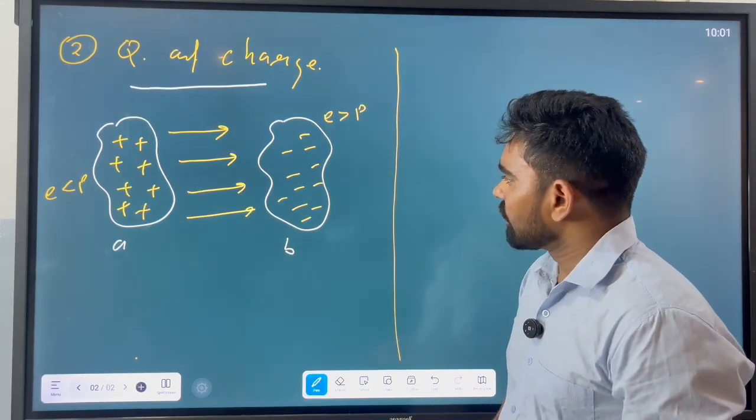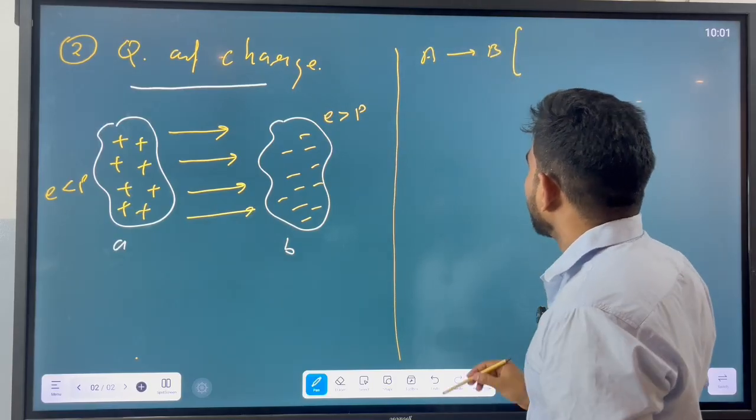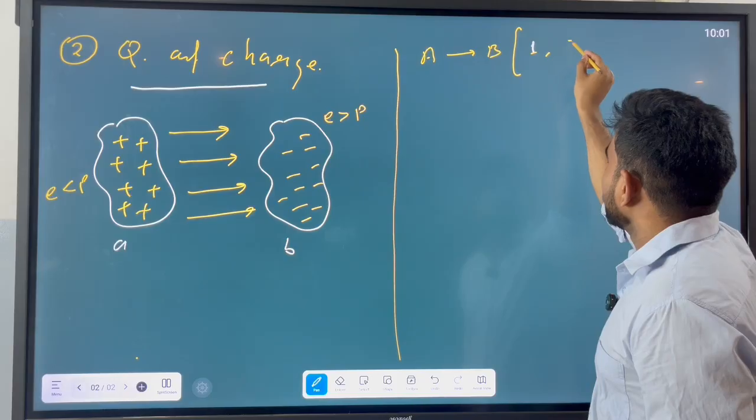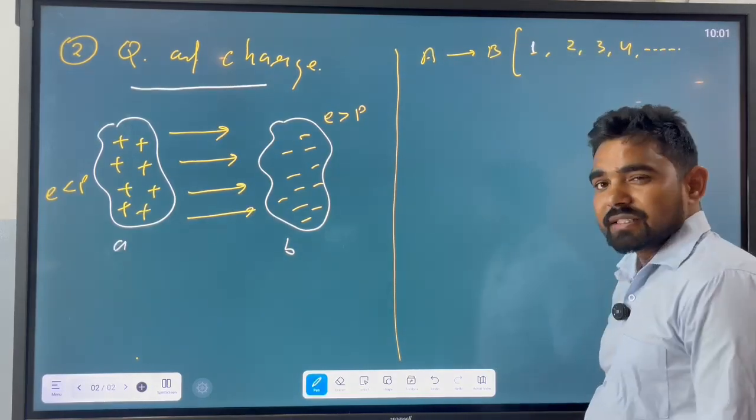And transfer number of electrons from A to B, suppose 1, 2, 3, 4, like this.